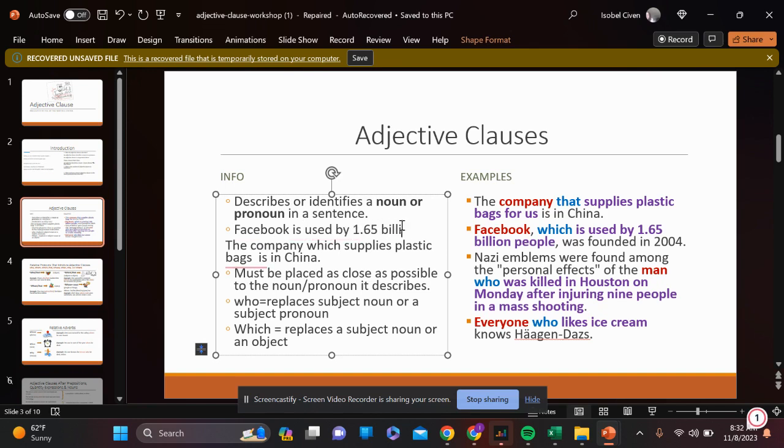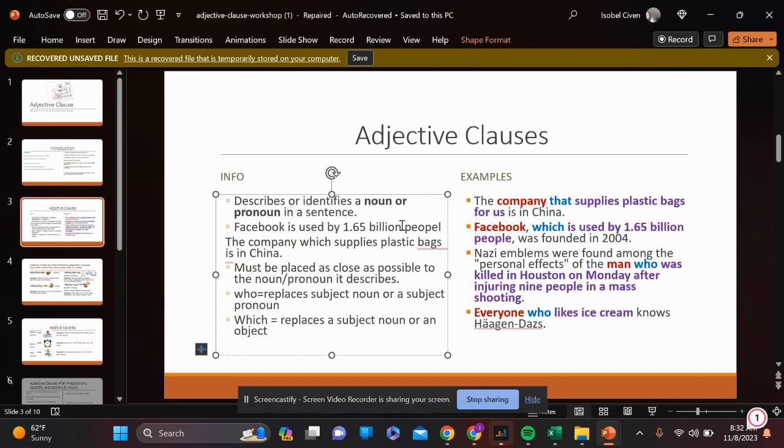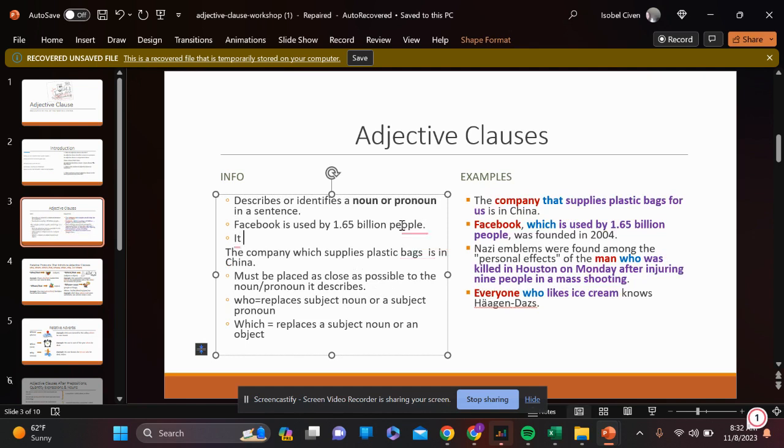I'm sure that's more now. More people use Facebook. It was founded in 2004. So you can connect the long sentence to the short sentence, because which equals it.